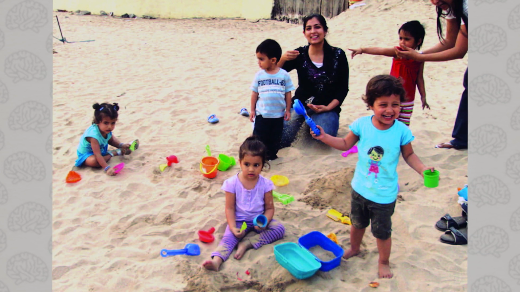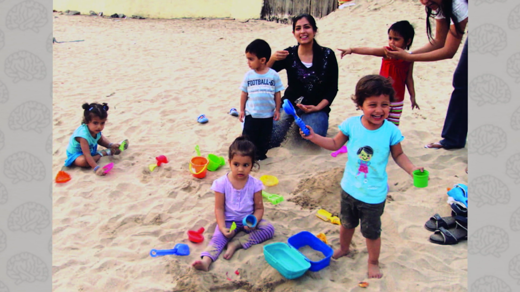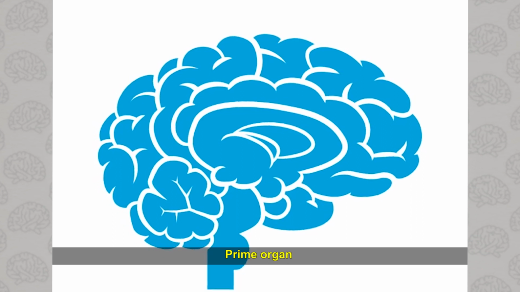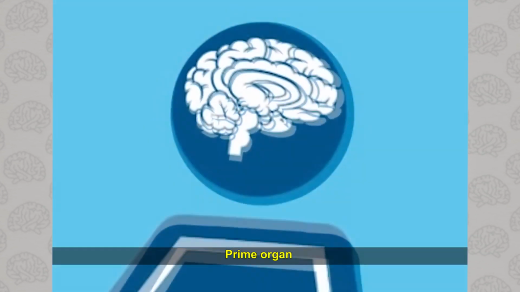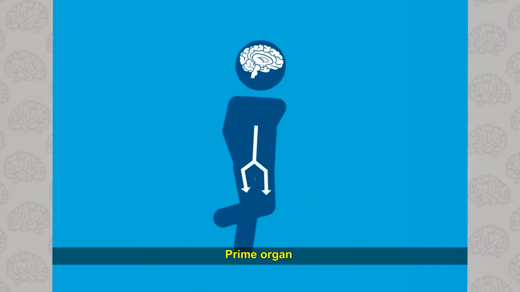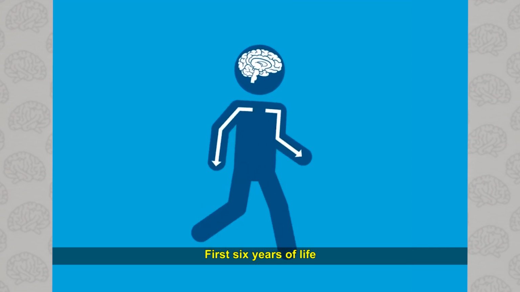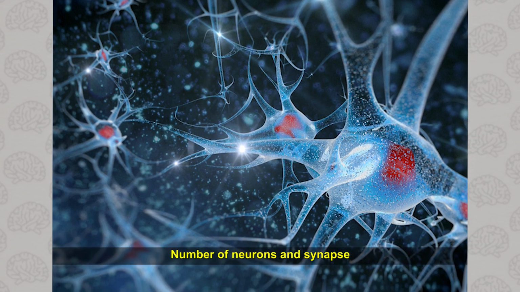Moreover, it is this cognition that serves as a base for any child to develop any skill. You know very well, the brain is considered to be the prime organ towards the cognition of a child, and it is said to have rapid growth and development during the first 6 years of life. But can you quantify it?